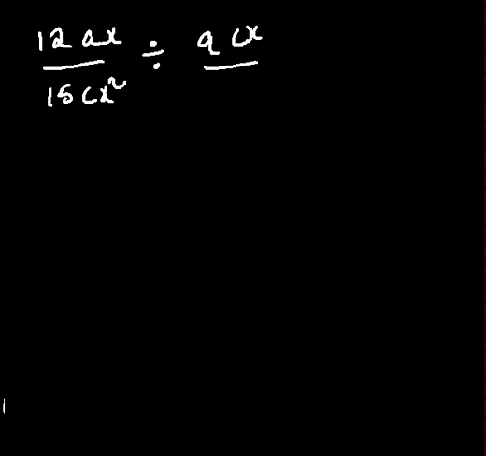And what if you have this as well? Let's say 12ax over 15cx squared, divided by 9cx over 10c squared x squared. How do you think we can have that?